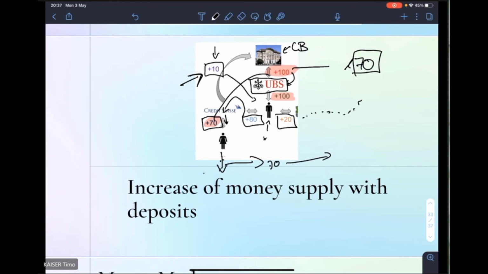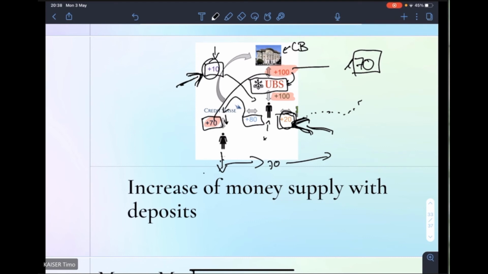That's one major aspect that influences supply. And the other one is the rate of how much the customer keeps in his pocket. So these two rates, the rate of deposit and the rate of keeping in his pocket, influence money supply, because this 20 and this 10 are kind of gone.